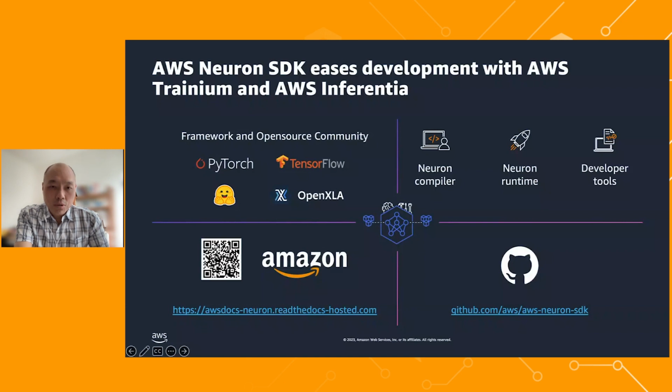So long story short, AWS Neuron is an SDK built exclusively for you to leverage and access hardware that we design, such as Trainium and Inferentia.